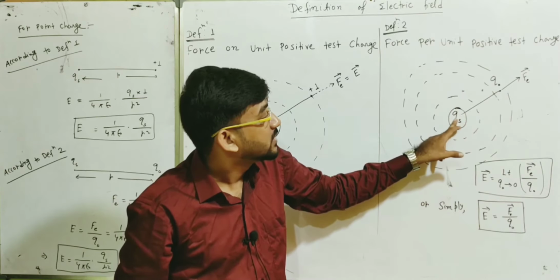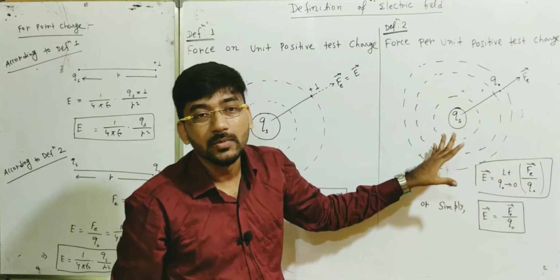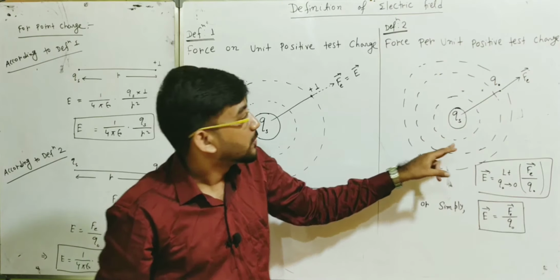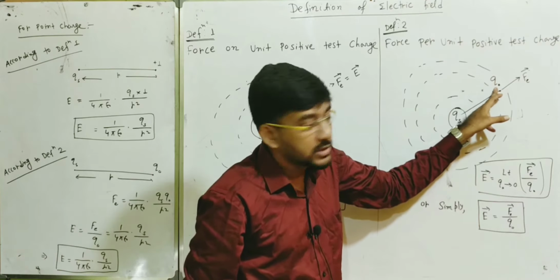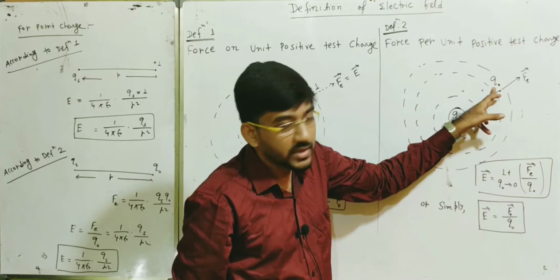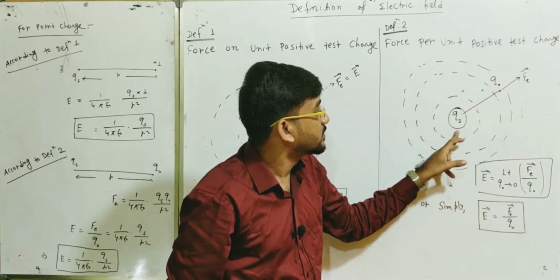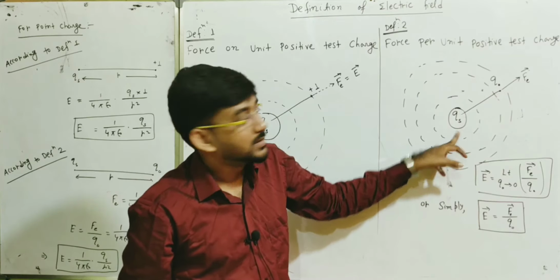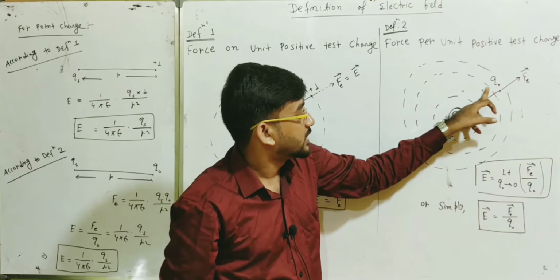If this charge is moving, then this electric field will be distorted. So we have to choose this Q0, or this test charge, in such a way that it cannot disturb this source charge Qs, and this is only possible if this Q0 charge is vanishingly small.